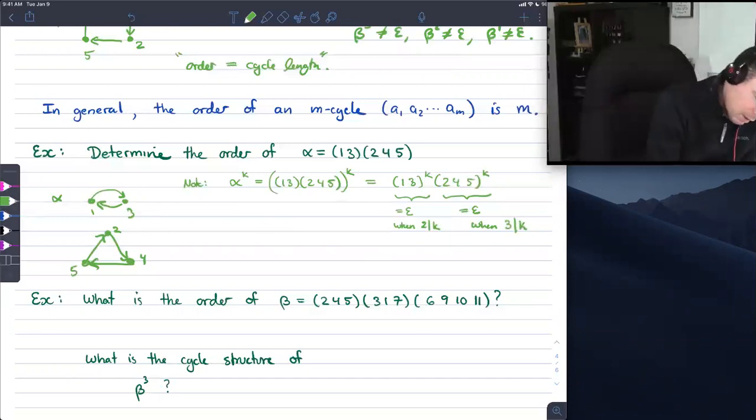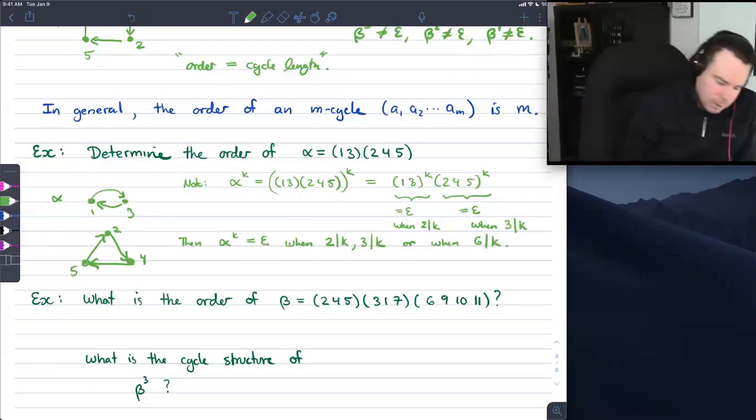And so that means then alpha to the k is equal to the identity when 2 divides k and 3 divides k. Or in other words, when 6 divides k. What is 6 in this case? This is the LCM of 2 and 3.